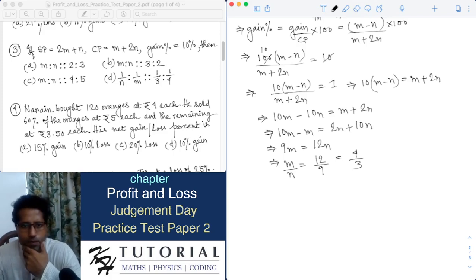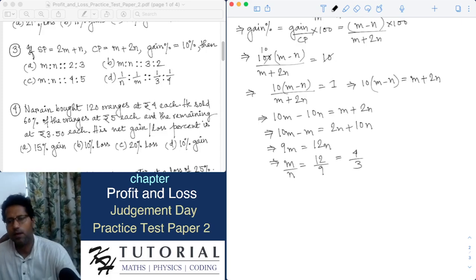So definitely D should be the correct answer, because A, B, C are not matching with the ratio M is to N is 4 is to 3.